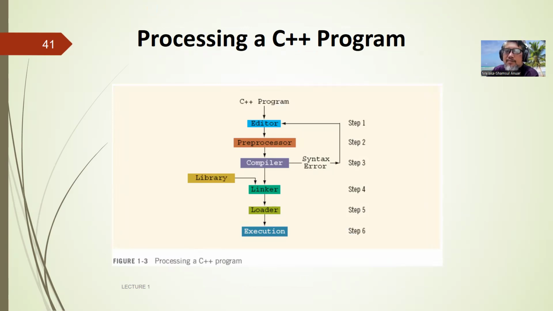So processing a C++ program, you need a C++ program editor, preprocessor, compiler, a linker, a loader, and execution. So these are the steps that need to be gone through before you get the output.